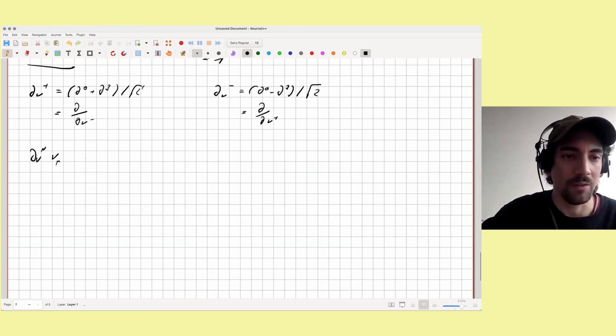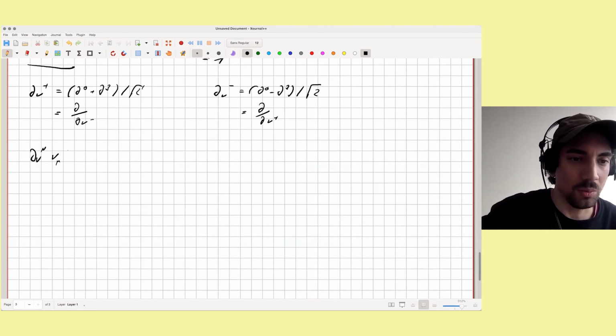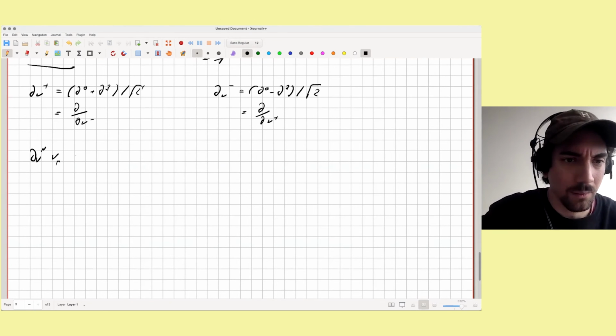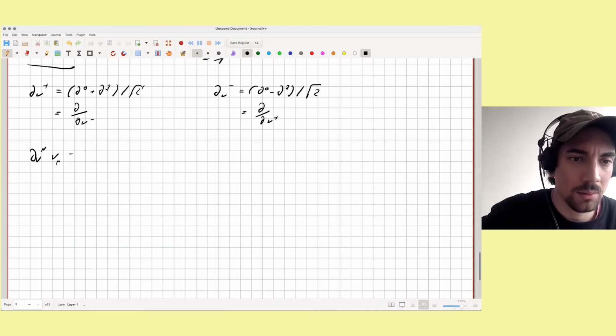This should just give us a delta mu nu, so just 4 in 4 dimensions. And so this is then just d0 minus d1.